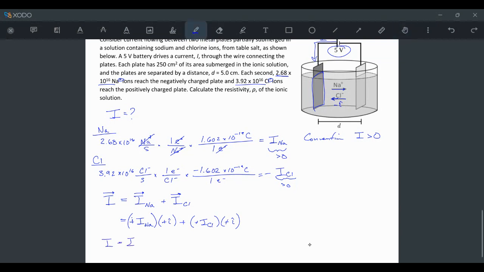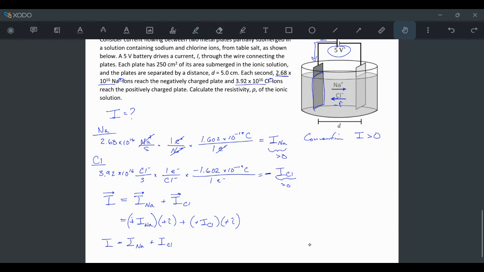And we can say that the total current is just the sum of the two magnitudes that we found above. So remember, I said that ICL is positive, the negative is hanging out front, but that's independent of this ICL variable being positive, INA also positive. So when you convert the rate at which the ions are hitting the plates to amps, at that point you can just add the positive quantities together and you will get the current. And from there we're basically done.